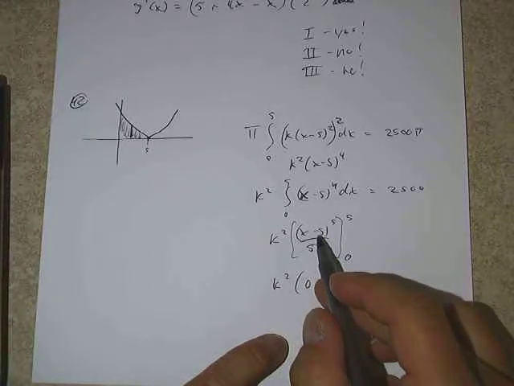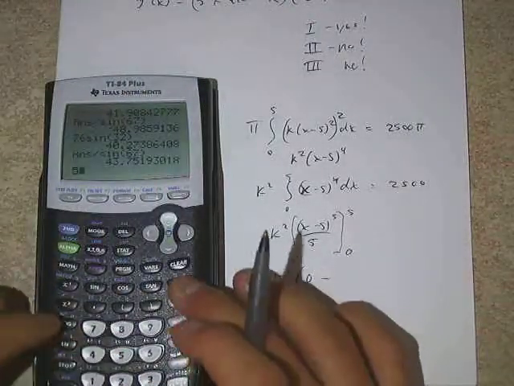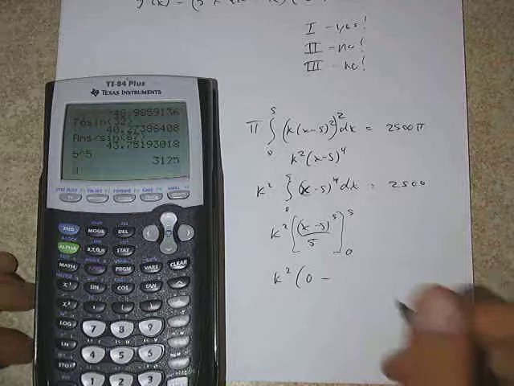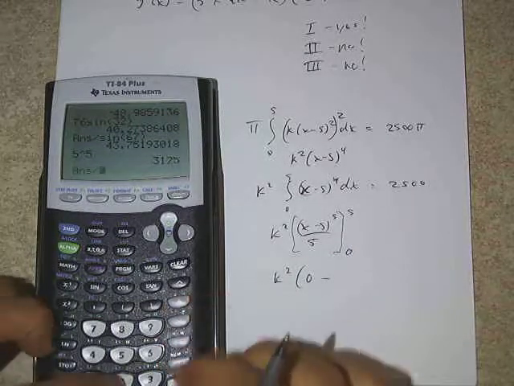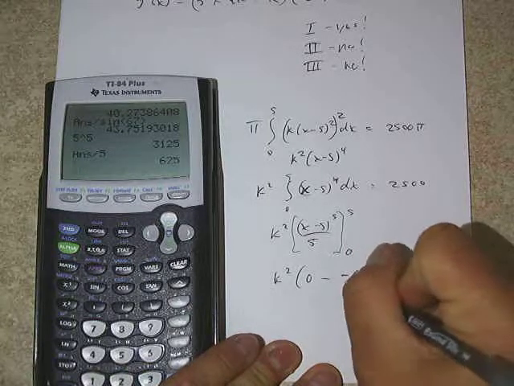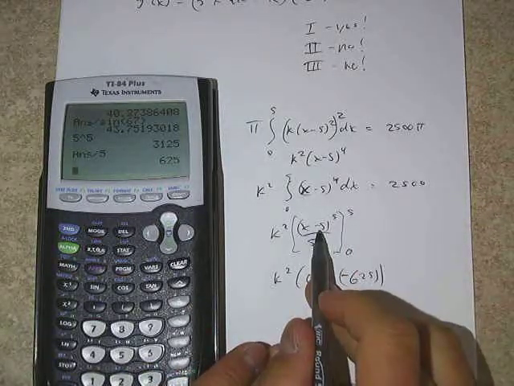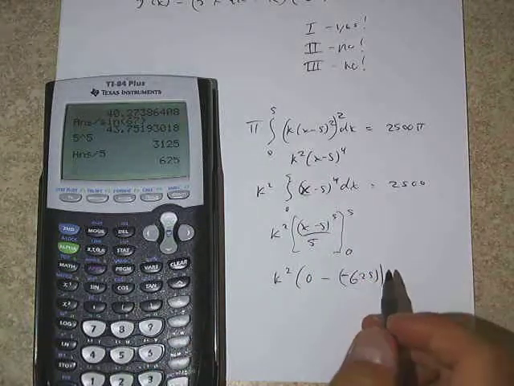All right. So see what happens if we put in our 5 here. We're going to get 0, 5 minus 5. If we put a 0 in here, we're going to get negative 5 to the 5th, and 5 to the 5th is 3125 over 5.